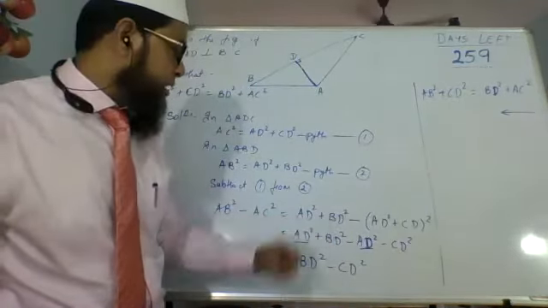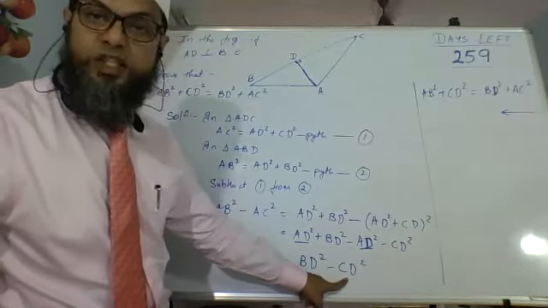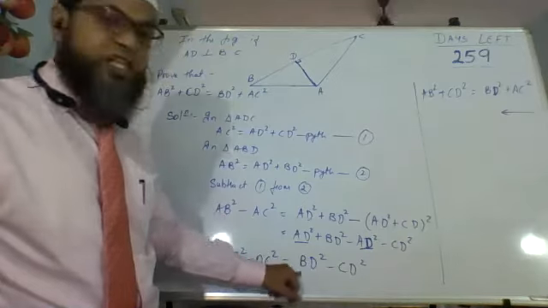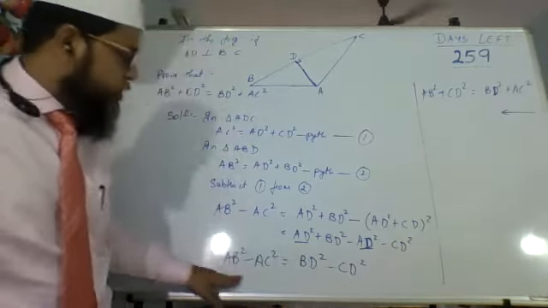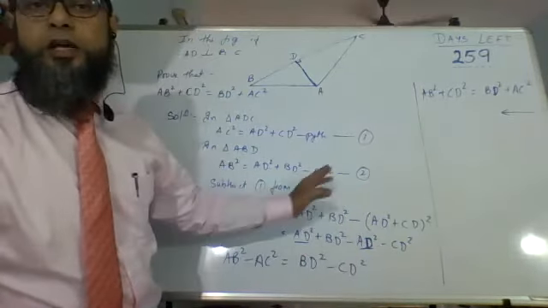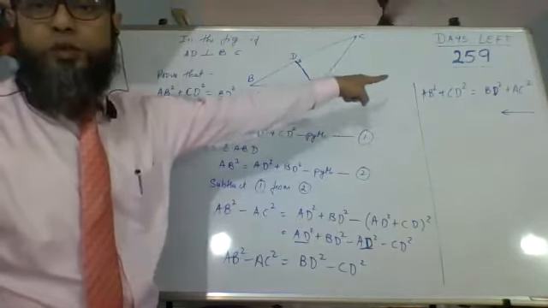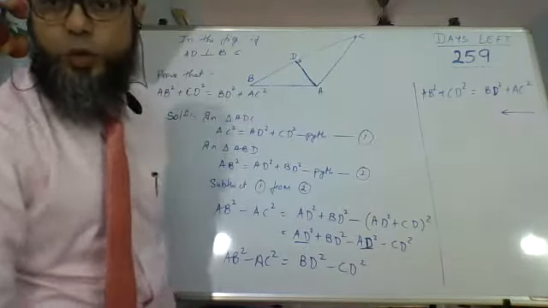I'll have BD square minus CD square. AB square minus AC square equals BD square minus CD square. Shift this CD square this side, shift this AC square this side. Both of them will change sides, so they'll change sign. So AB square plus CD square equals BD square plus AC square.